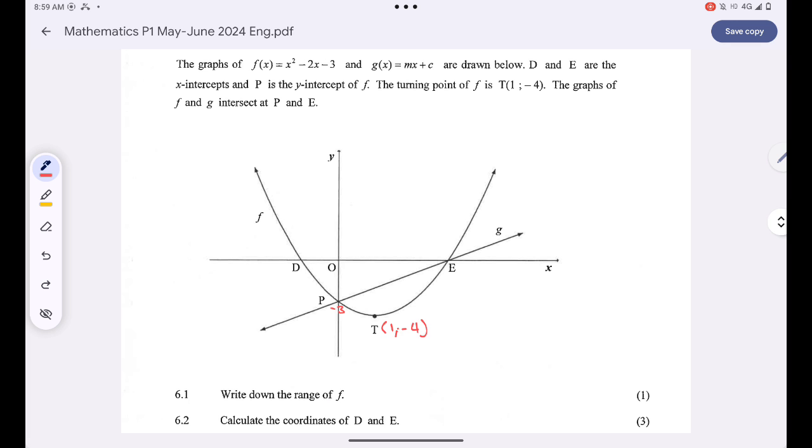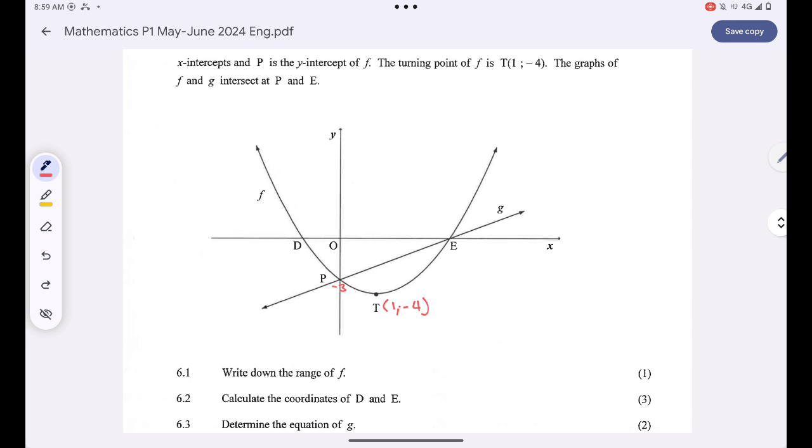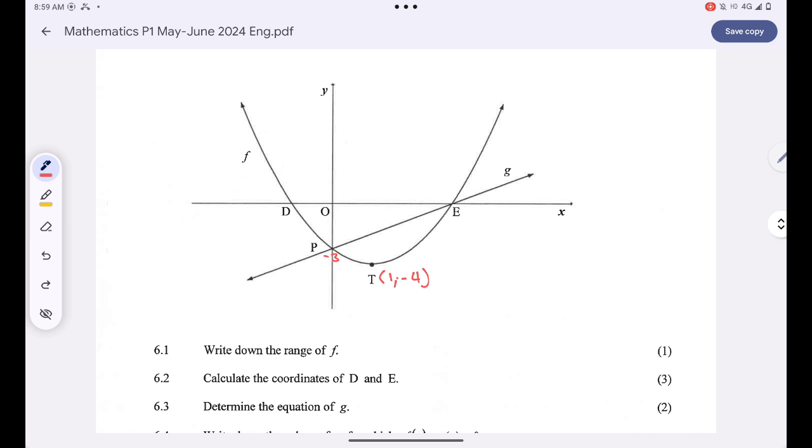We are supposed to write down the range of f. For you guys to know the range, all you have to do is to just open your eyes and check the graph. If your graph is concave up, it simply means that the range would be y is greater than or equal to the y value at the turning point.